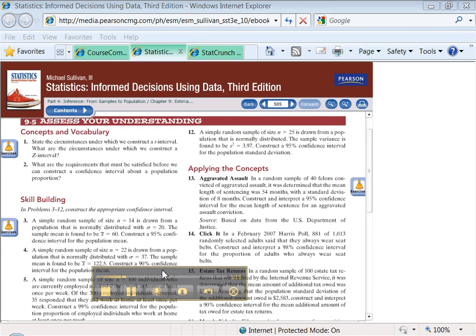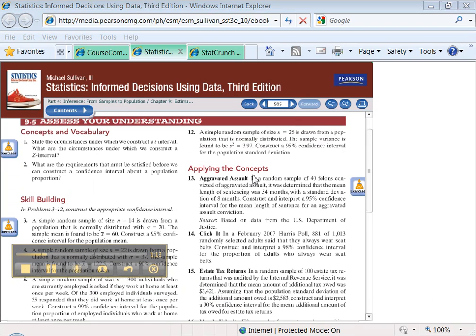For example, let me look at a few of them. Number 13: in a random sample of 40 felons convicted of aggravated assault, it was determined that the mean length of sentencing was 54 months, standard deviation is 8. I can already tell you we're working with either means or standard deviations. We're not working with proportions here. They're not talking about like 30 of 40 felons or something like that. It says construct and interpret a 95% confidence interval for the mean length.